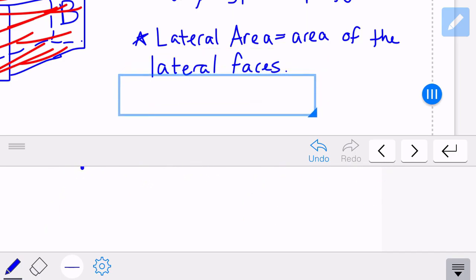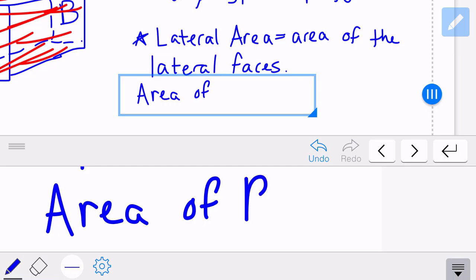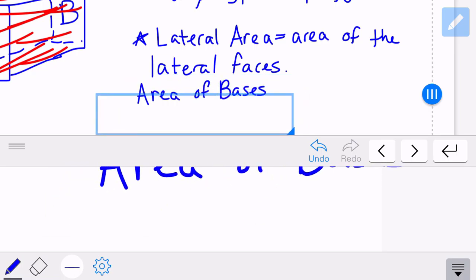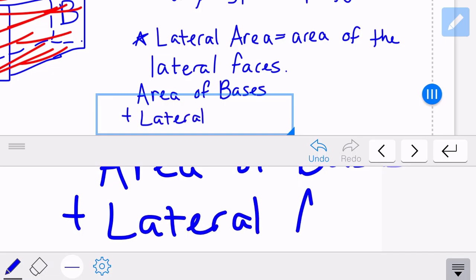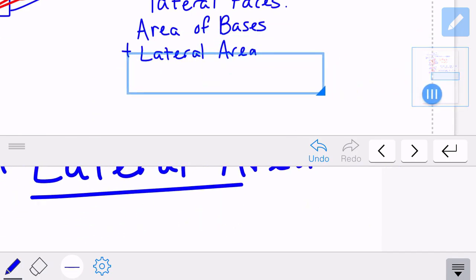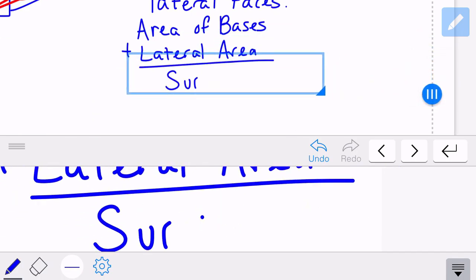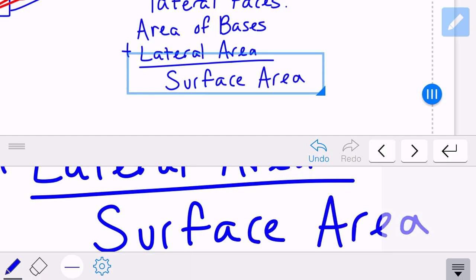So what that means is that the area of the bases plus lateral area, that's going to give us our total surface area for the prism. Okay?